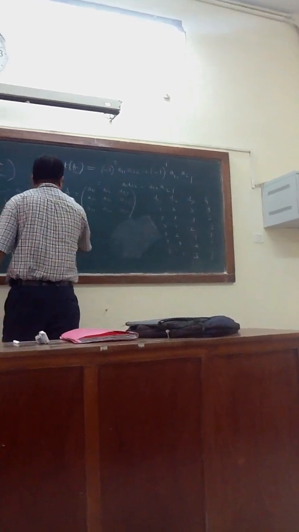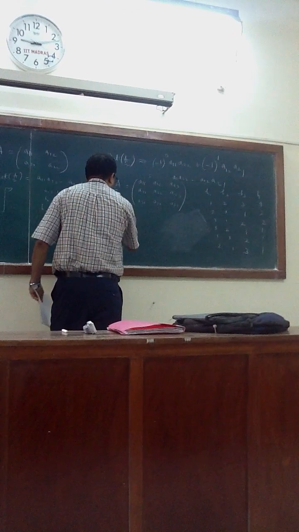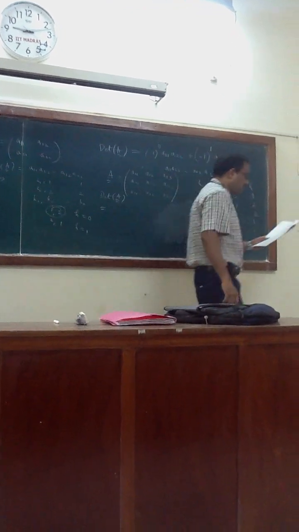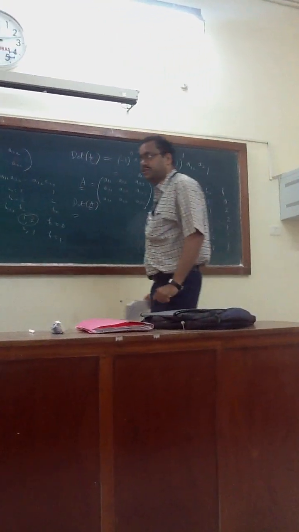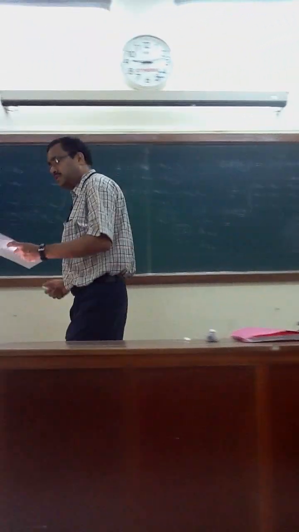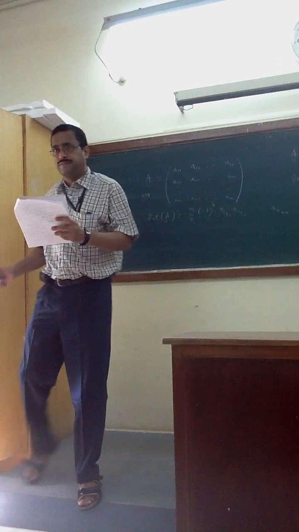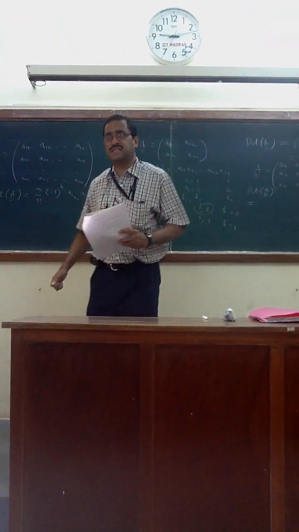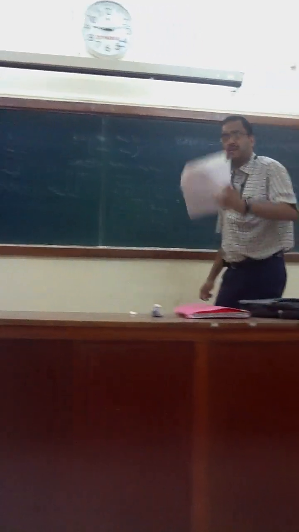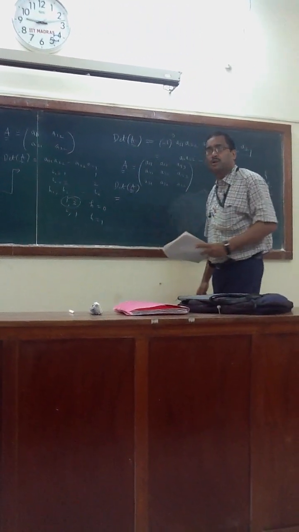Determinant of A. Give me the answer. First term, quick. You will tell me the terms, I'll write the terms. First term, input the sign, plus or minus. Plus, yes? Who is volunteering? Yes, madam, third bench, corner.